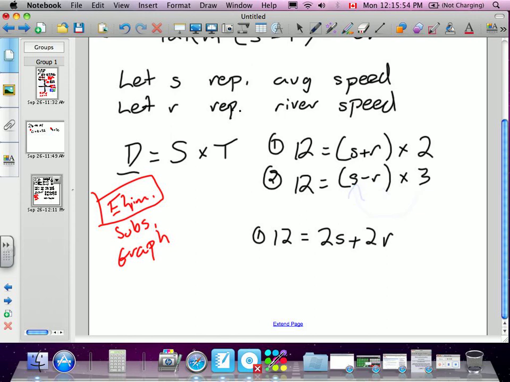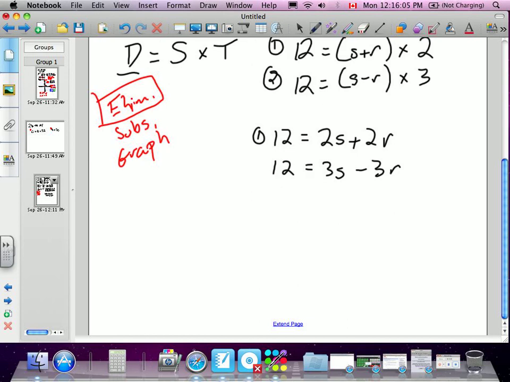Now I need to eliminate, which means I need to set this up to get rid of a variable. So I'm going to get rid of our average speed, our s, and isolate on r. So that means I'm going to multiply the first equation by 3, and I'm going to multiply the second equation by the number 2. I'm doing vice versa.